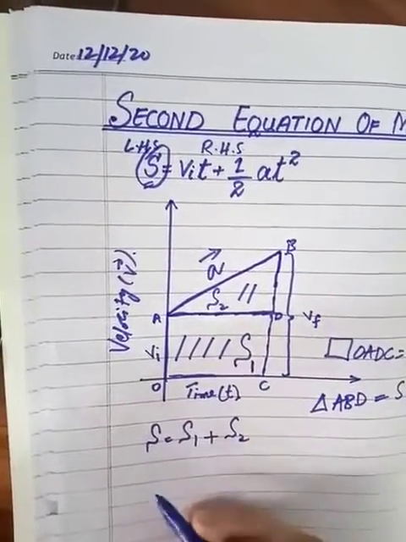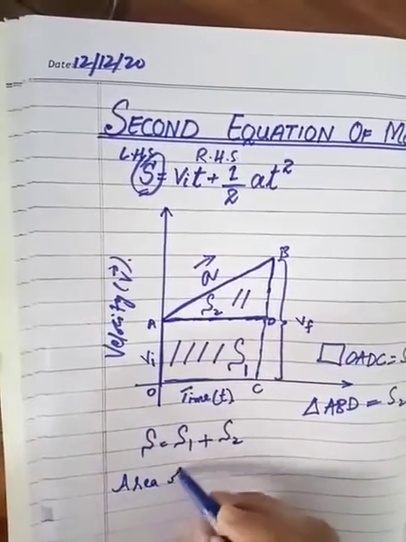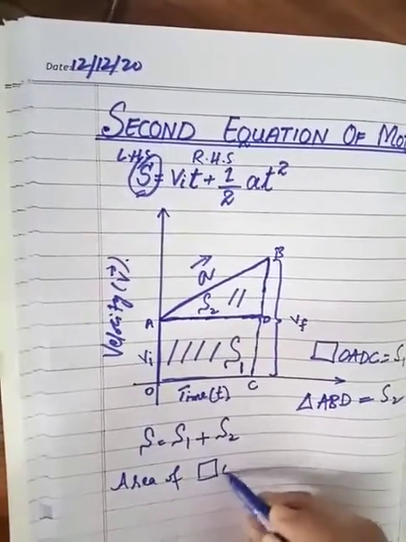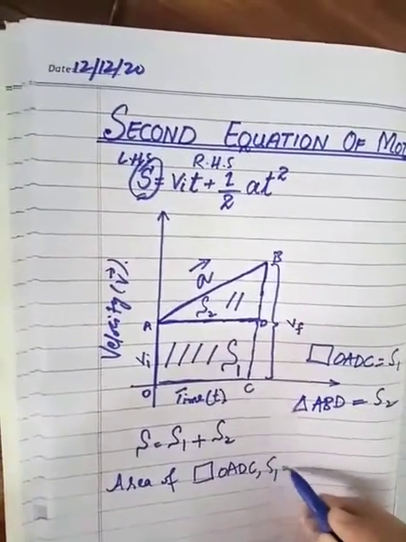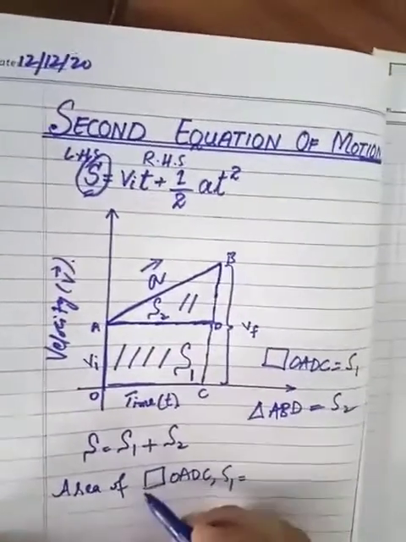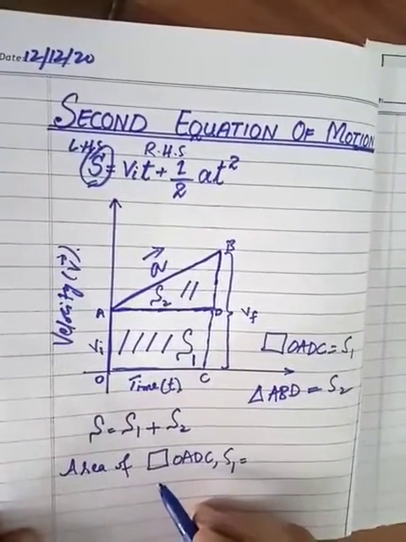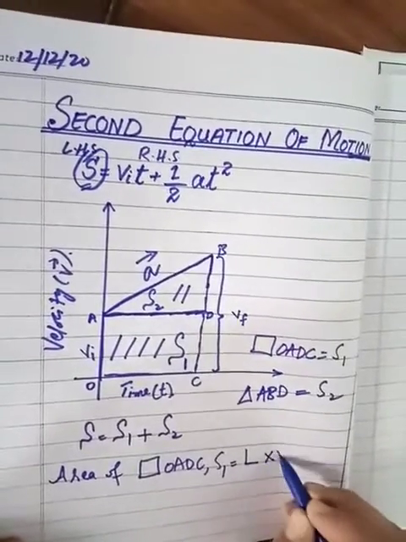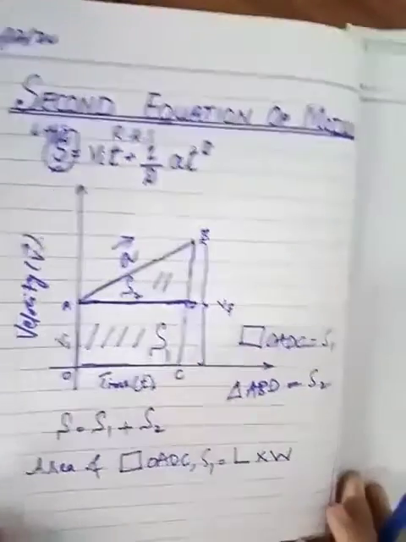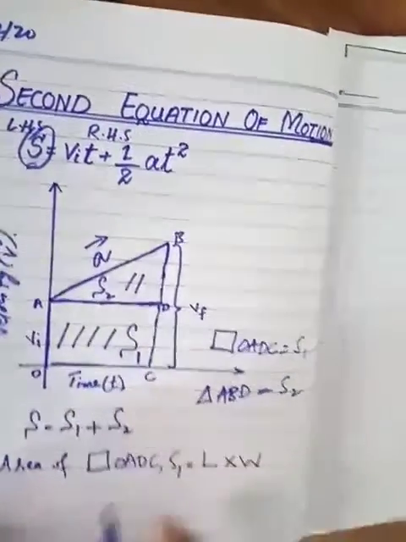To find the area of the rectangle OADC, which is S1, here you have to use the formula for the area of a rectangle, which is length multiplied by width. This is the formula to find the area of a rectangle.